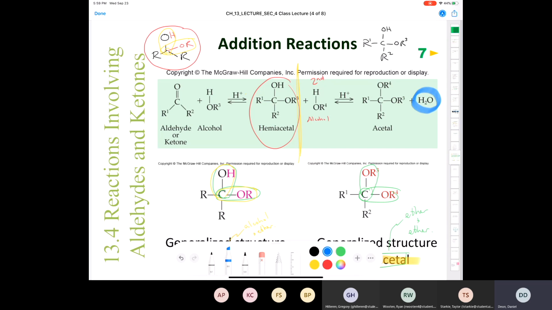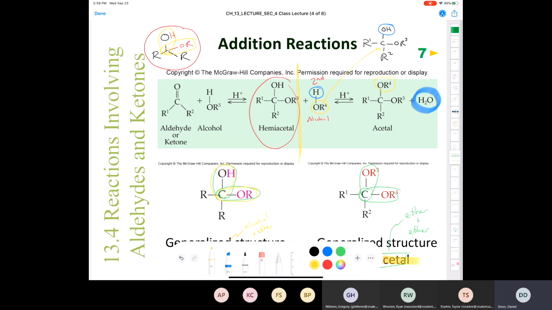The water comes from the hydroxyl in your hemiacetal, and it also comes from the proton of the alcohol. What's left over is this OR group, and you attach it to this carbon here. If you look carefully at the product, the acetal, there's no hydroxyl group on it, but the OR4 group is attached directly to it. So that's what happens.